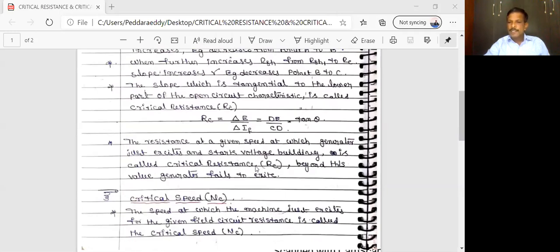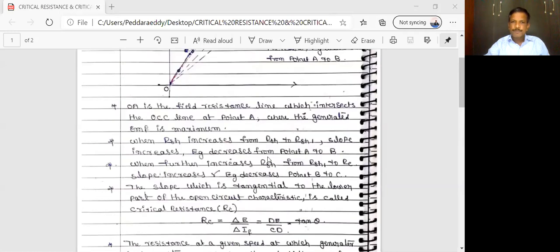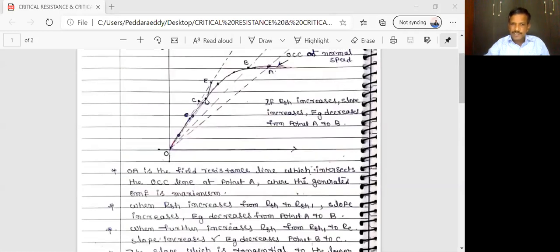Okay, the resistance at a given speed at which the generator just excites and starts voltage building is called critical resistance RC. One more important point: beyond this critical resistance the generator fails to excite. So this is the critical resistance line. If we increase the resistance beyond this, we get one more resistance line here, which is independent of the OCC curve.